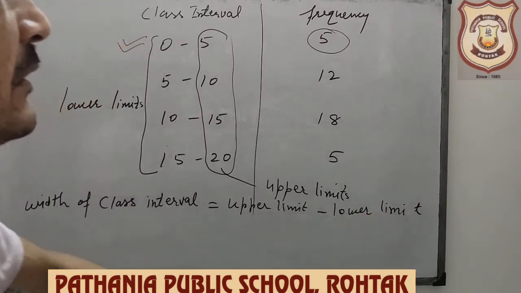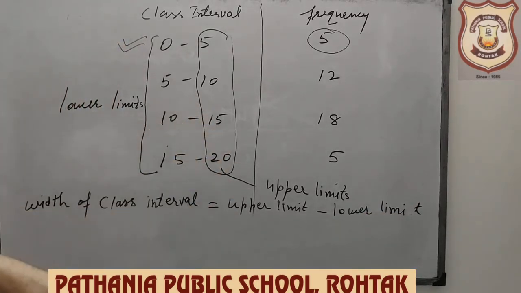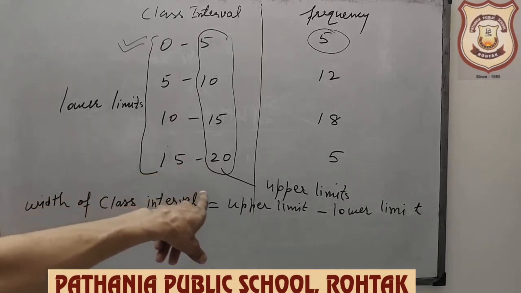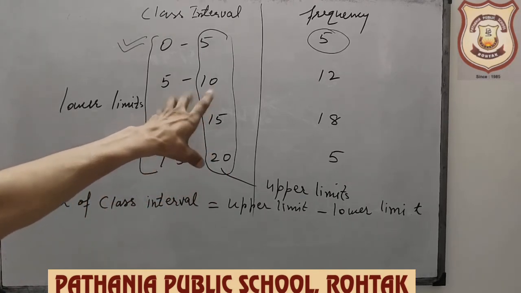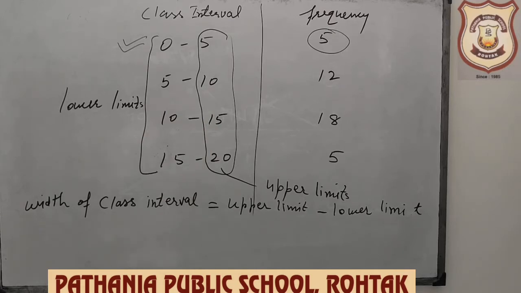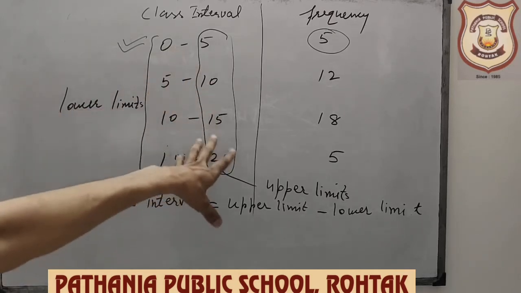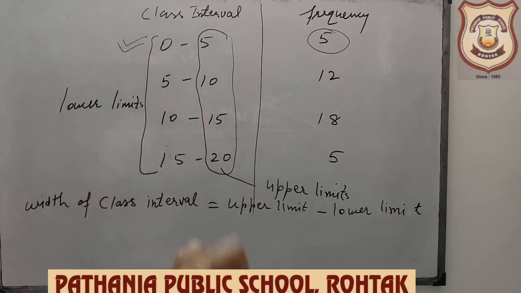For example, what is the class width of the third class interval, fourth class interval? Subtract upper limit minus lower limit: 20 minus 15 is 5, 15 minus 10 is 5, 10 minus 5 is 5. Everywhere it is 5. Therefore, the width of the class interval in this given data is 5. You should know how to find the class width: upper limit minus lower limit.